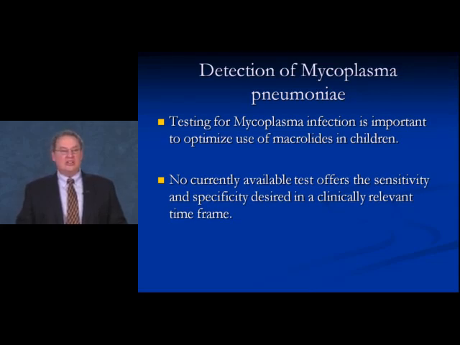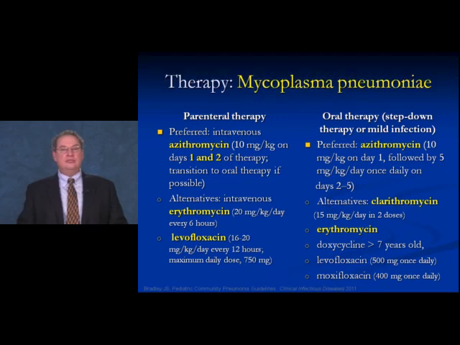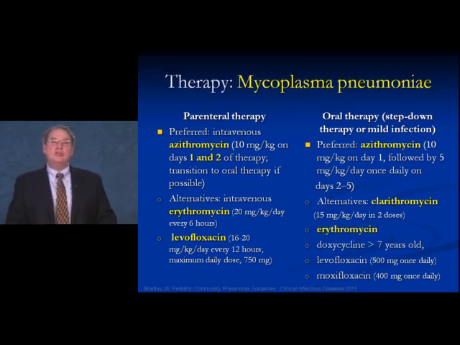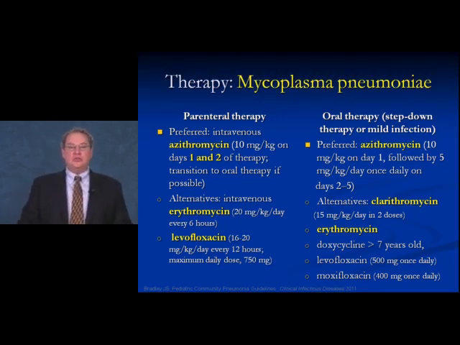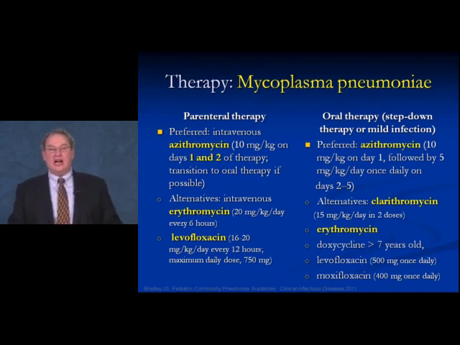So it takes too long to get the results back to help inform your decisions about therapy. And here I've listed the treatment for mycoplasma for the sicker children who are getting parenteral therapy. This is going to be azithromycin IV. For those with either step-down therapy or more mild infection, it's going to be, again, azithromycin, but you'll be taking it by mouth.